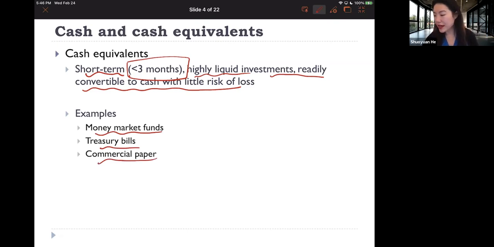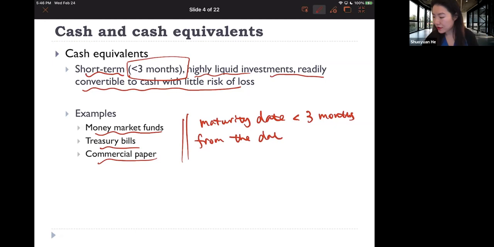So the condition is the maturity date of those financial instruments needs to be smaller than 3 months from the date of purchase. So that is the condition for cash equivalent. Those are very, very liquid financial instruments.